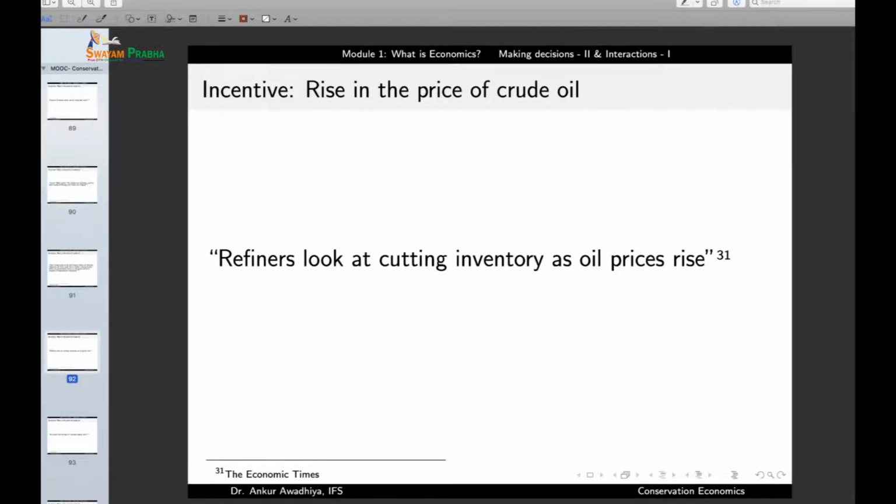So the refiners must pay for their crude oils in dollars, and the soaring import costs are becoming a headache. So in this case, this news article says that the refiners are trying to cut the inventory, whereas the upstream players will try to increase the fuel storage. Why? Because this is a time when the crude oil prices are going up.